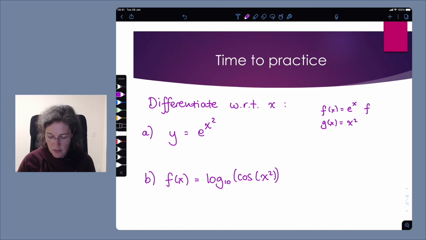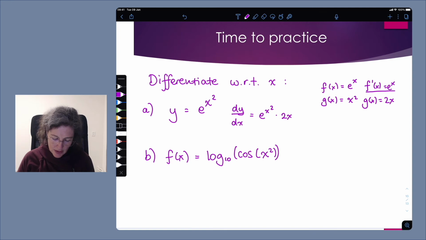Looking at the derivatives of these, the derivative of f will give me e to the x. If I take the derivative of g, that will give me 2x. And so putting it all together, I get dy by dx is equal to the derivative of f, but evaluated at g of x. So that's e to the x squared times 2x. Okay.